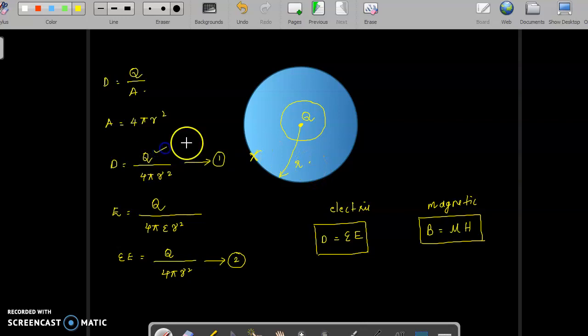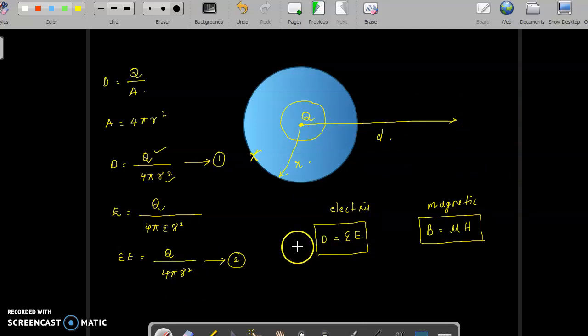And Q is considered to be constant because it never changes. So if you move from this point to another point, Q is not going to change. The Q is the same, but the distance is changing. So here r is changing. If you move apart from this Q, the flux density decreases with the distance.